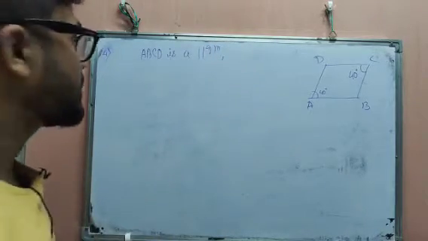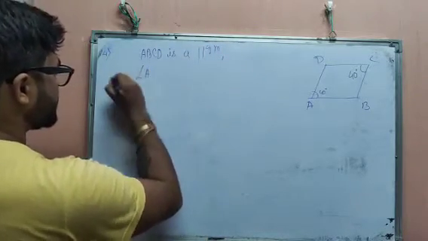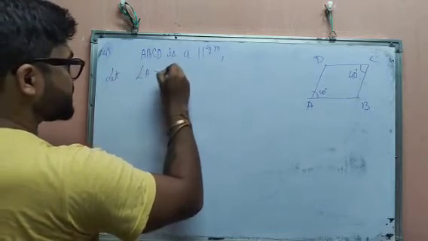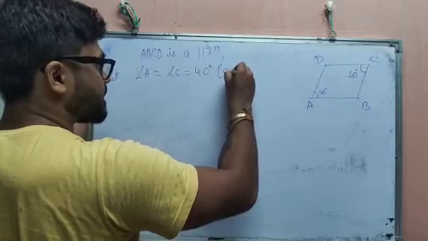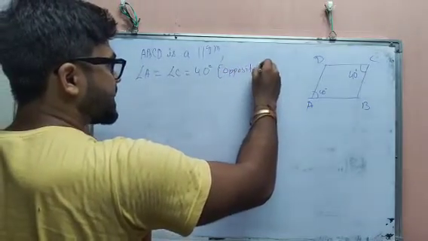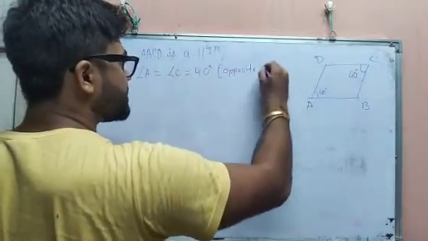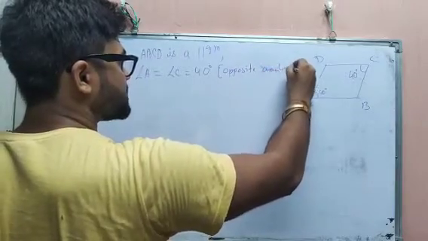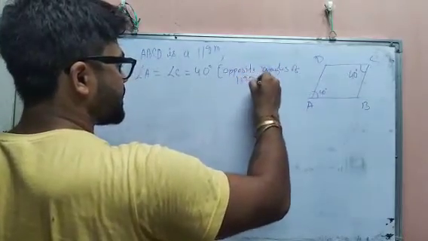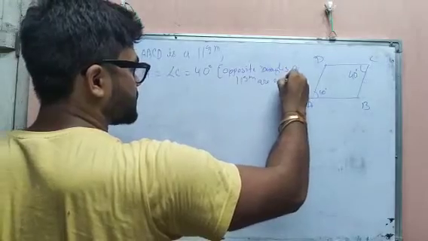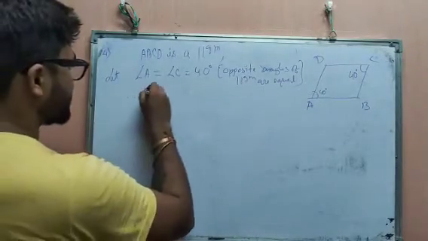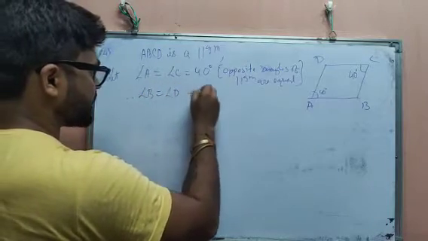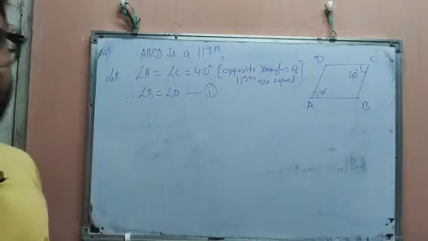Since ABCD is a parallelogram and angle A equal to angle C equal to 40 degree, opposite angles of a parallelogram are equal. Therefore angle B and angle D will be equal. This is number 1.